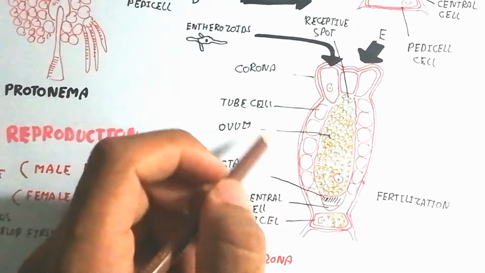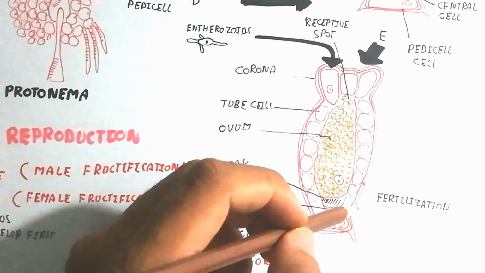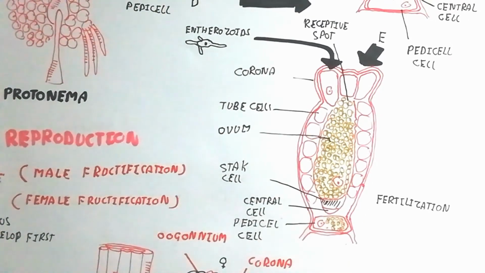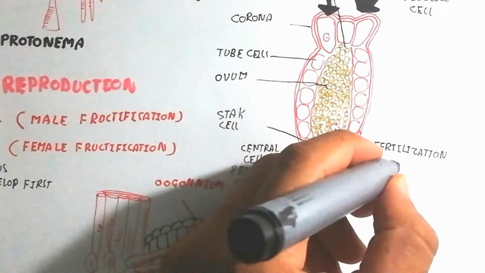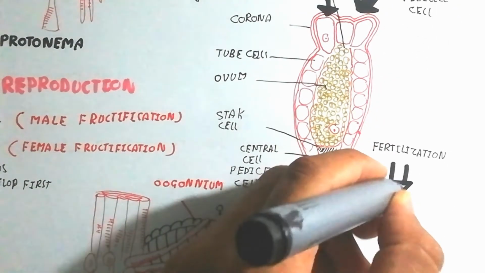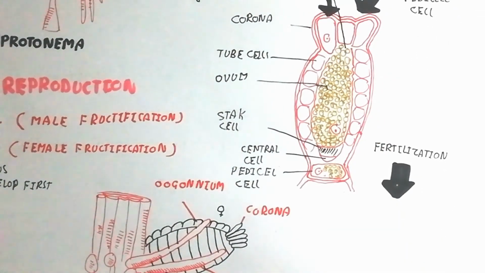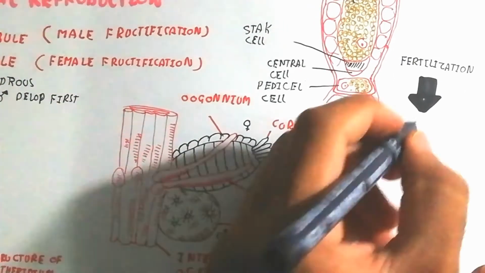Here is the fertilization, which comes from the antherozoid and the ovum, that is the egg, which develops into the nucleus, and the antherozoid develops into the globule.